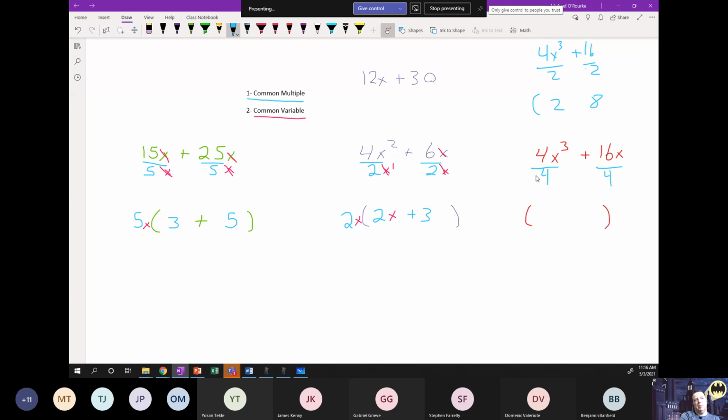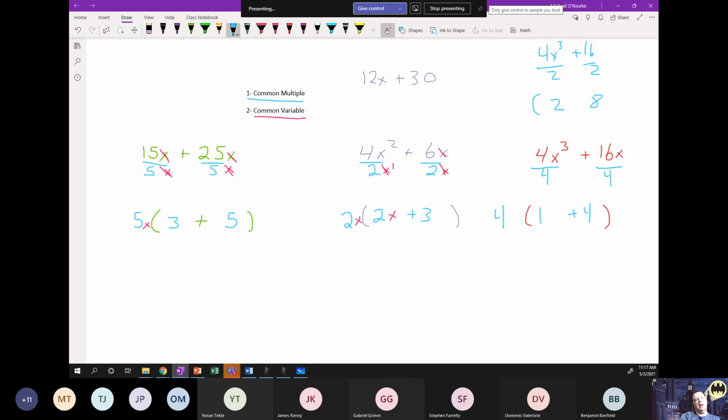The common multiple here is 4. Whenever you have this, try the lowest number and then work from there. Like, we have a 4 and a 16. Try the 4 into the 16, then build from there. So I'm going to take the 4 out to start, and this is going to equal 1, and this is going to equal a plus 4.